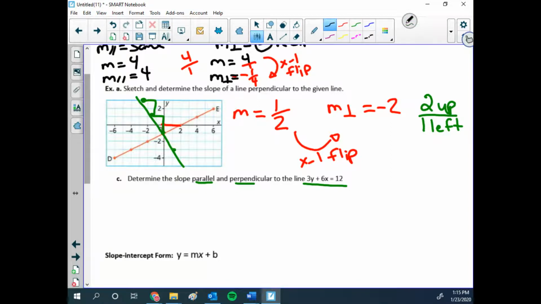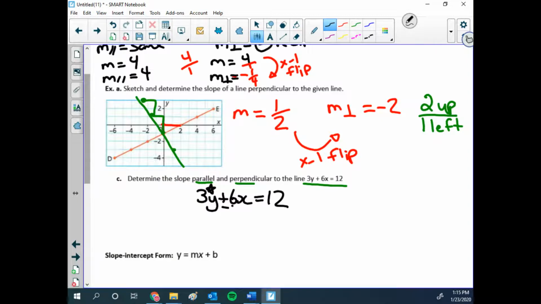So what do I have to do with this to find slope? Isolate y, right? I need to get into slope-intercept form.